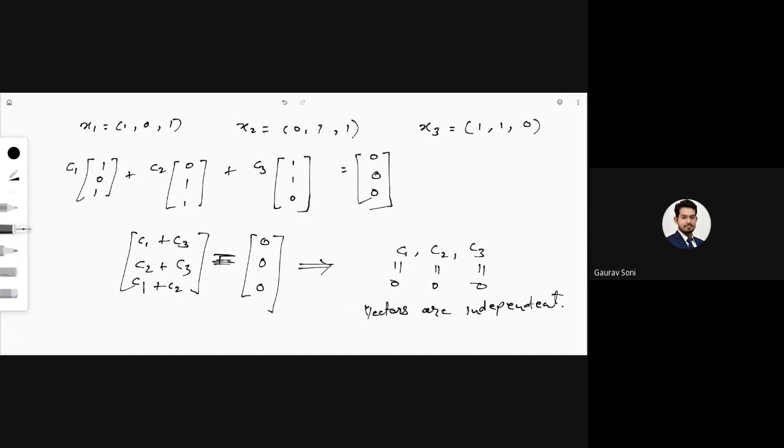So what do we mean by vectors being dependent? Why are we studying it separately? Let me explain. C1 x1, C2 x2 plus up to Cn xn is equal to 0.